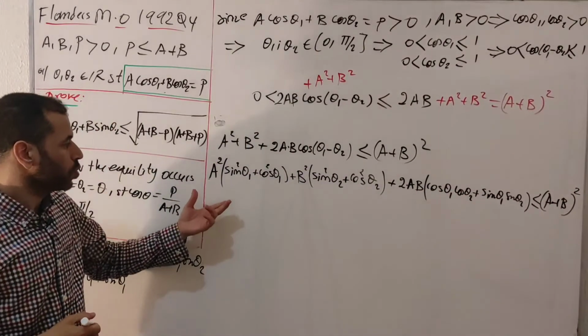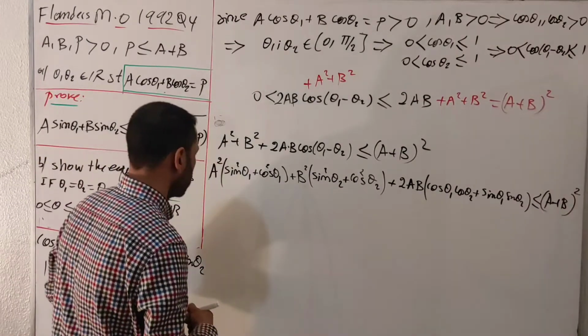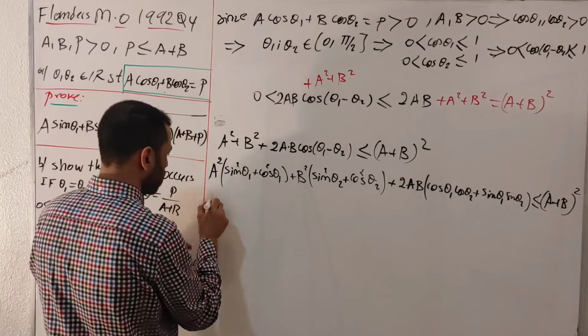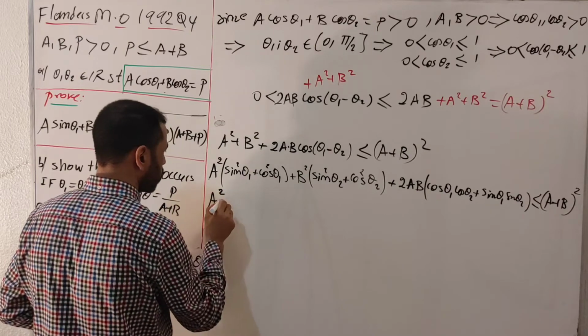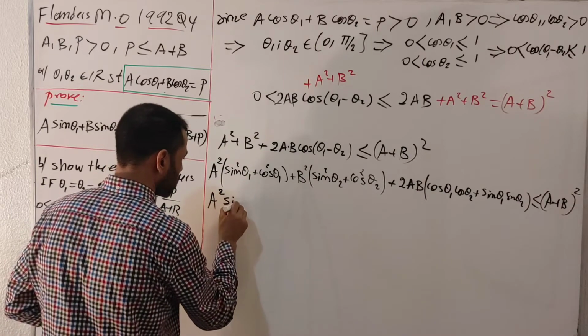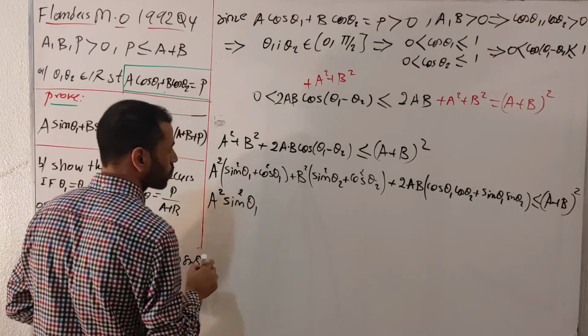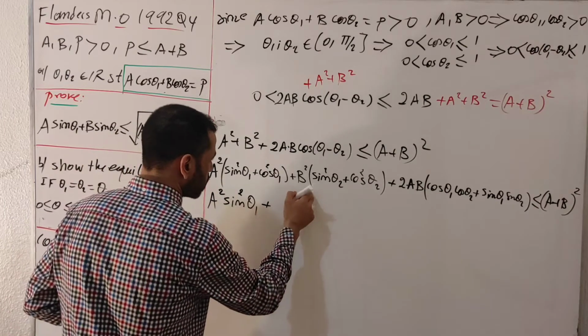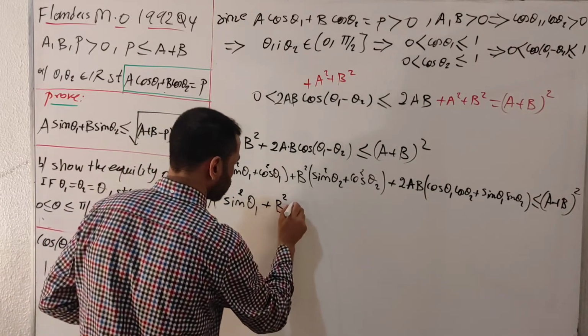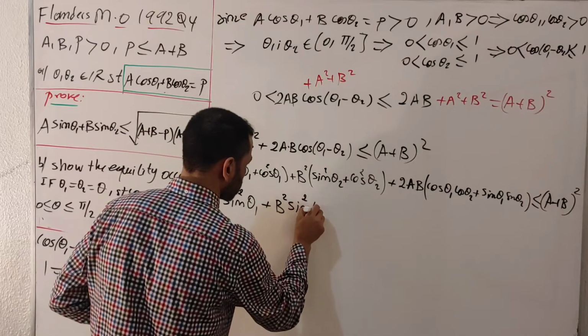Now the next thing, I'm going to distribute these two terms. First of all, I will have A square multiplied by sine square theta 1 plus B square multiplied by sine square theta 2.